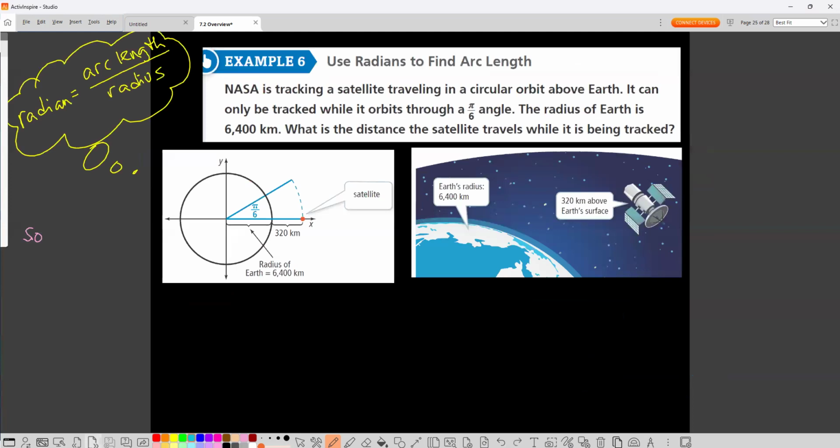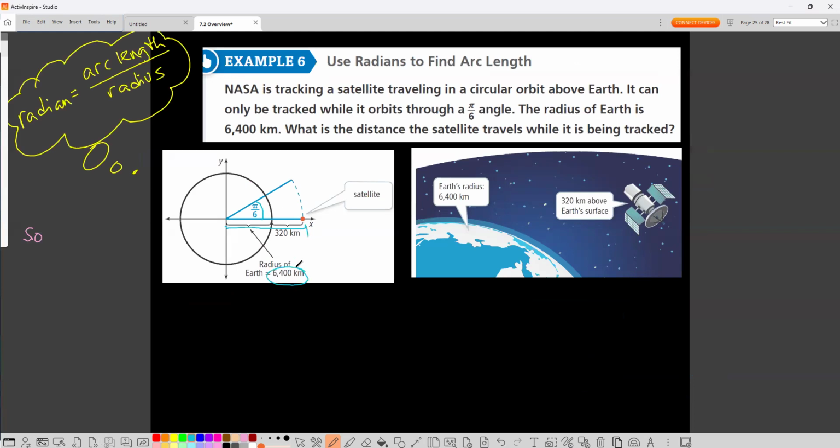Next one. NASA's tracking a satellite traveling in a circular orbit above the Earth, only tracked when its orbit is pi over 6 radians. So I've got my pi over 6 radians, and then this total length here is the radius of the orbit.